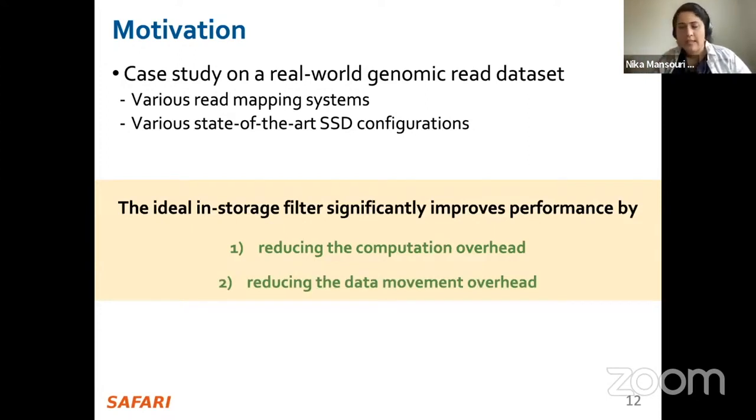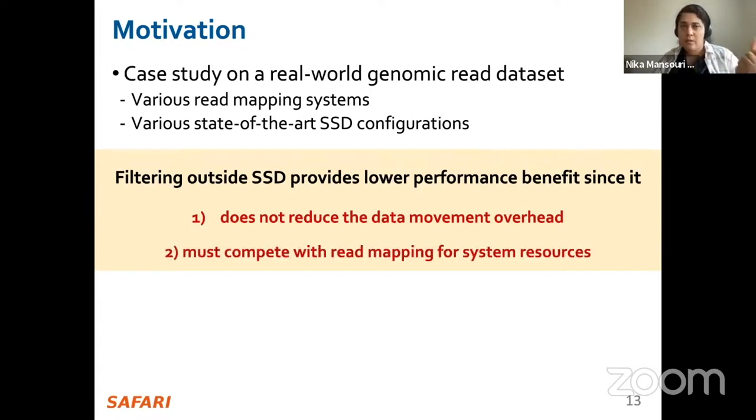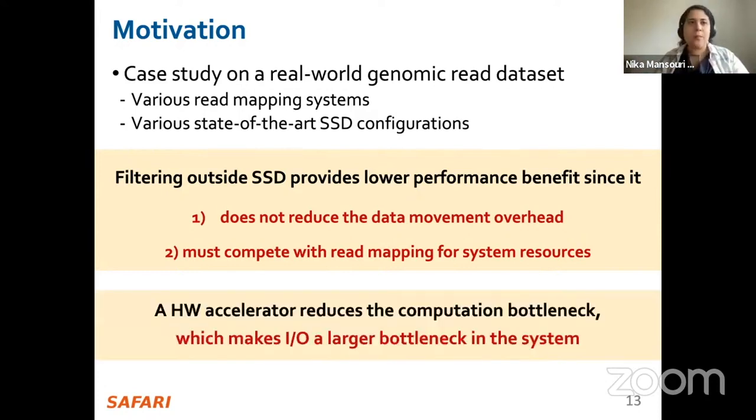Also, filtering outside the SSD provides a relatively lower performance benefit because, first of all, it does not reduce data movement overhead from storage. And secondly, because it is performed outside the storage, it must compete with the main read mapping operations for other system resources. So it can compete for storage external bandwidth, main memory bandwidth, and compute resources.